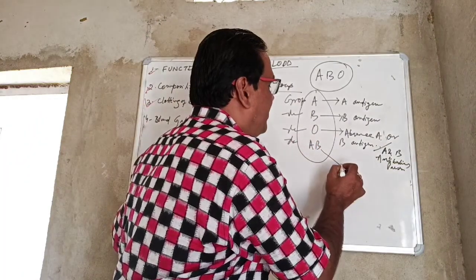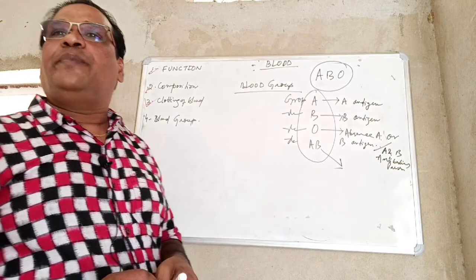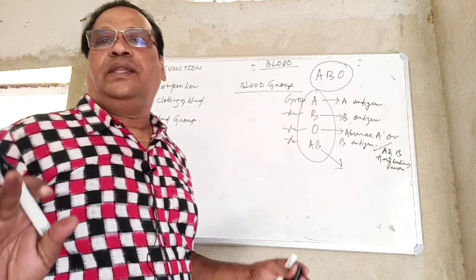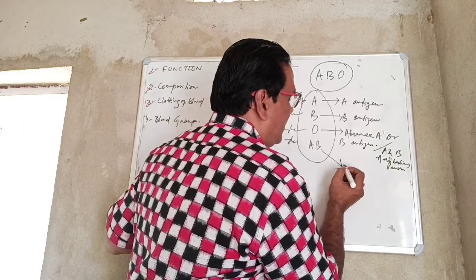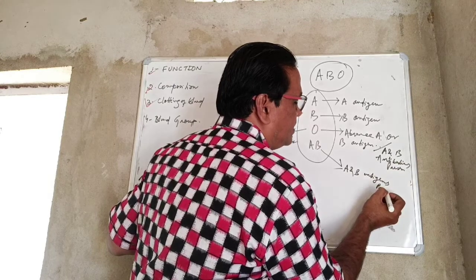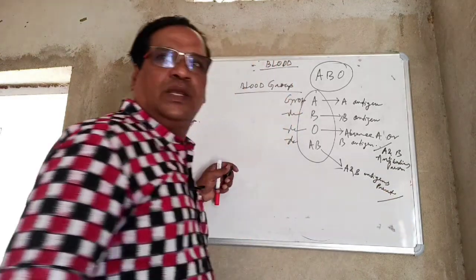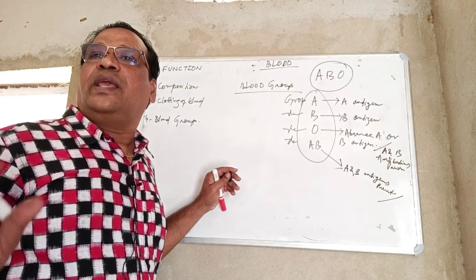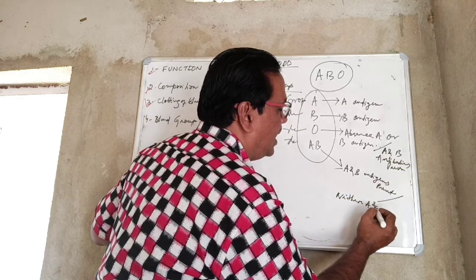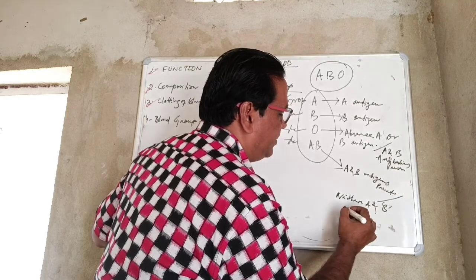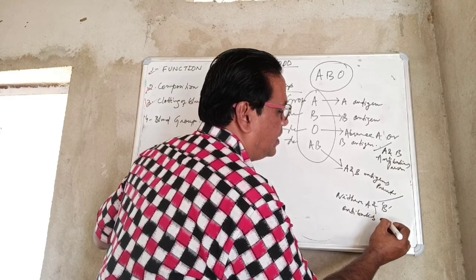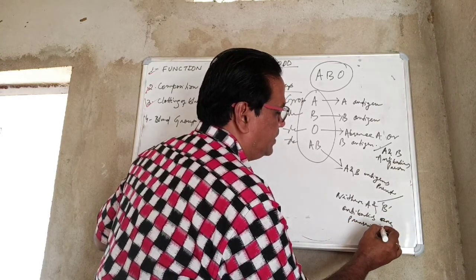In the case of the AB group, both A and B antigens are present, but neither A nor B antibodies are present here.